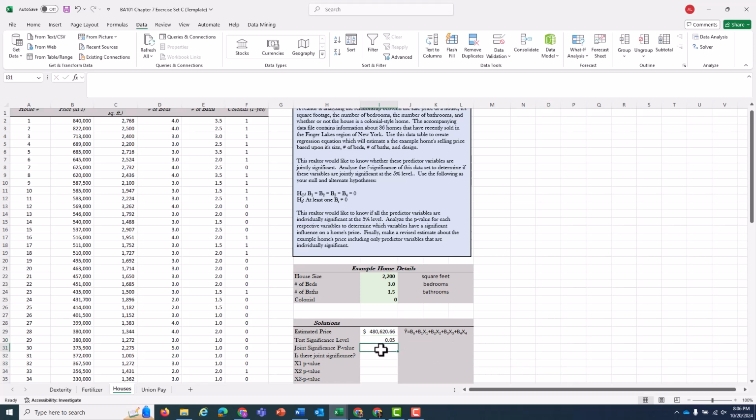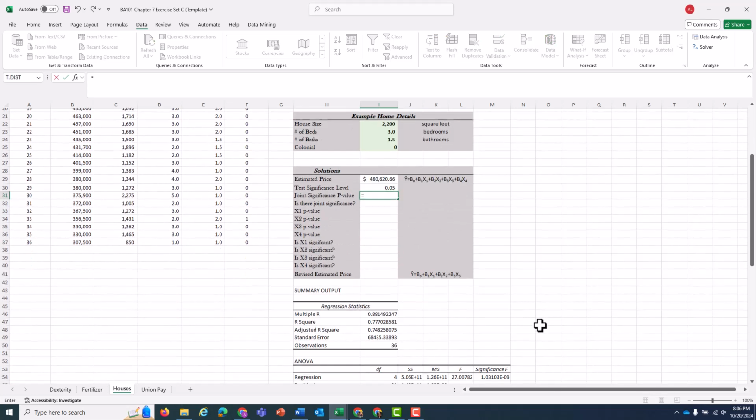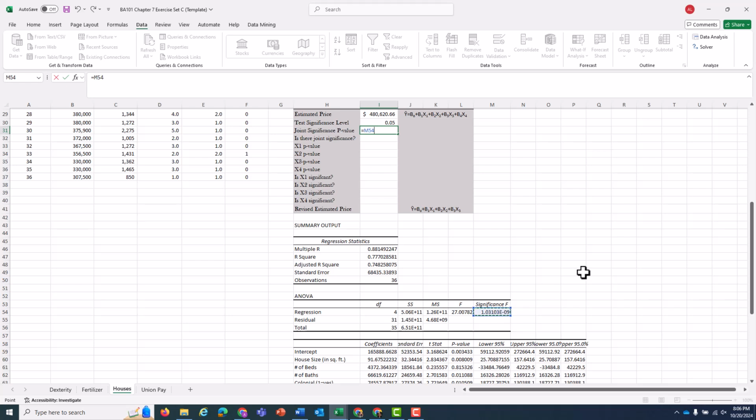What is the p-value for joint significance? Well, actually, the summary output gives it to you, and it's right over here, the significance of F. F is used for a distribution where you have a ton of different variables in. F is the probability that there is significance. In this case, we have an infinitesimally small number for our p-value. That looks like it says 1.03, but this e to the -9 over here means it's in scientific notation.